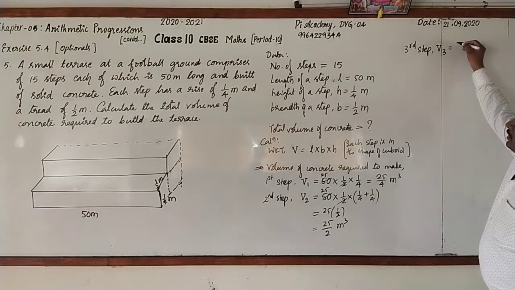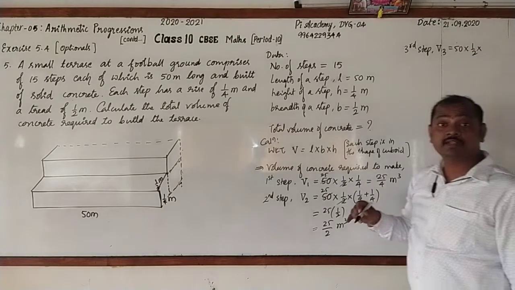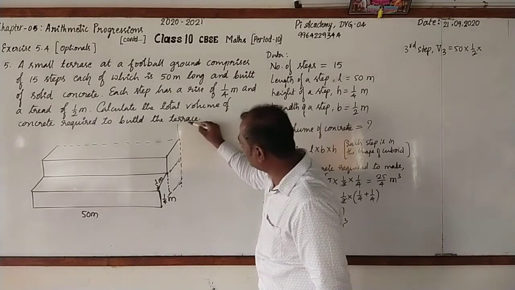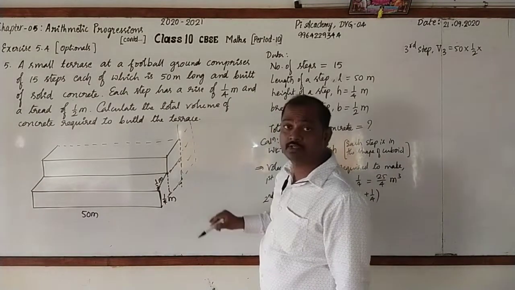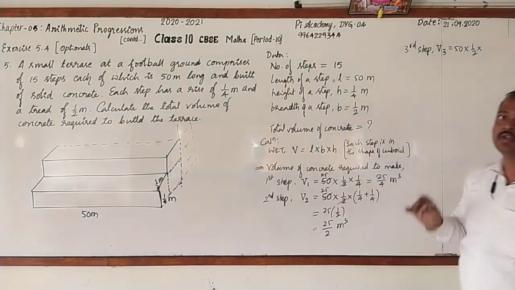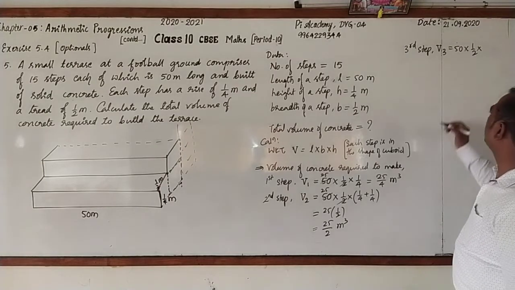It is length into breadth into height. Length will not be changed. Breadth will also not be changed. Half. Whereas height, look here, for third one, we need to go for taking the height 3 times. Clear? So 1 by 4 plus 1 by 4 plus 1 by 4.